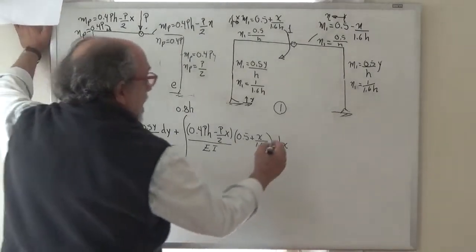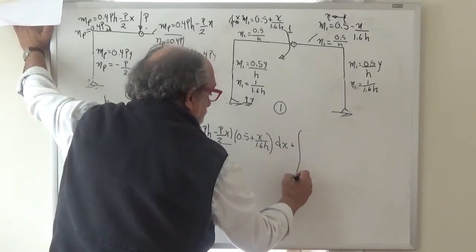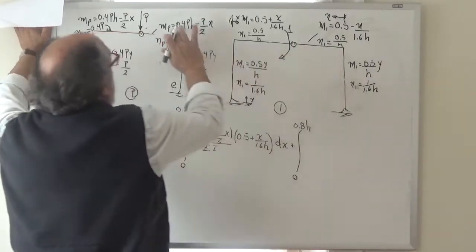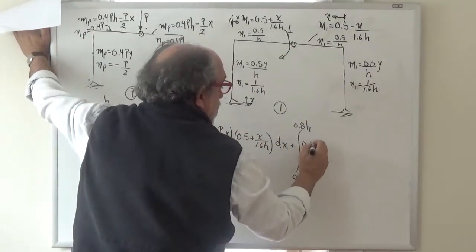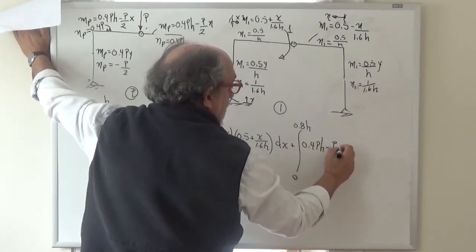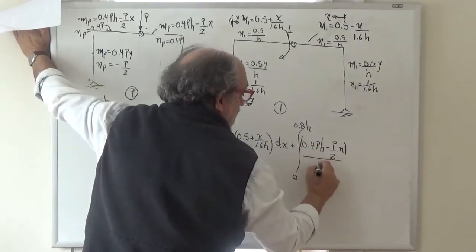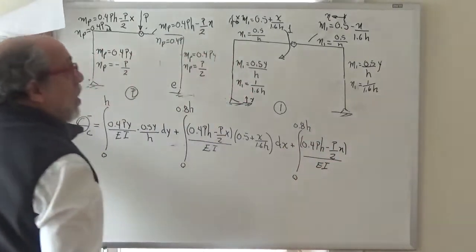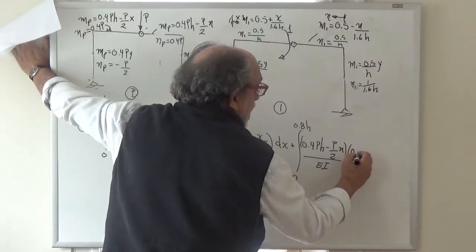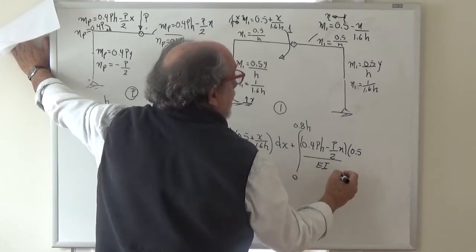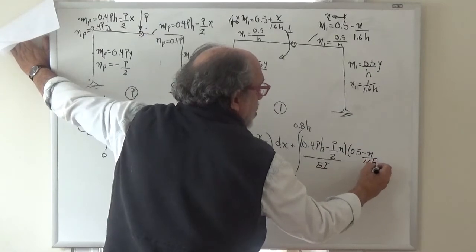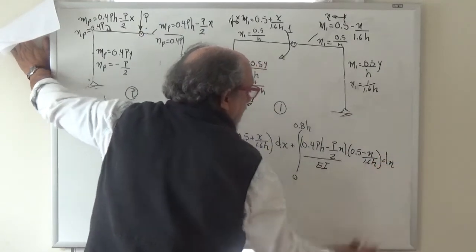The next term is the integral from 0 to 0.8h, which is this bar, of MP, which is 0.4 p times h minus p over 2 times n over EI, that's the curvature due to the loading, multiplied times M1, which is 0.5 minus n over 1.6h times dn, right?